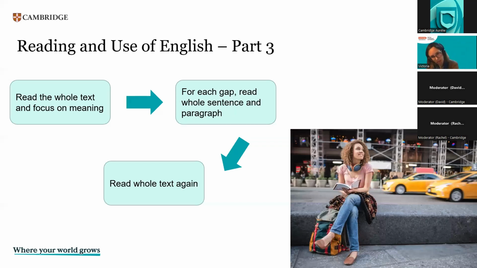Once we have done this for each of the gaps and we have all the answers, it's a good idea to read the whole text again quickly, so we can check that the text makes sense, that the words we have chosen really make sense when we are reading the text.